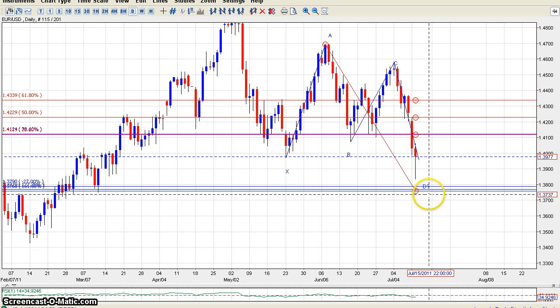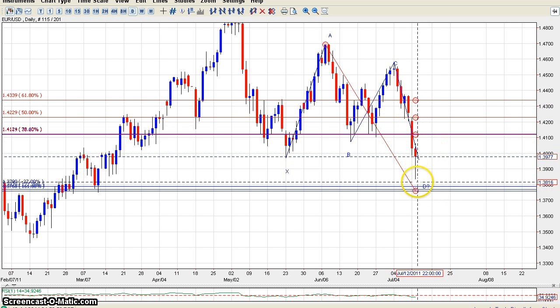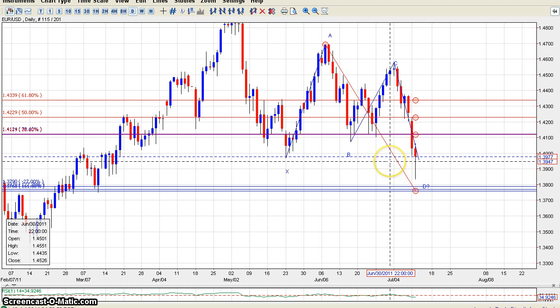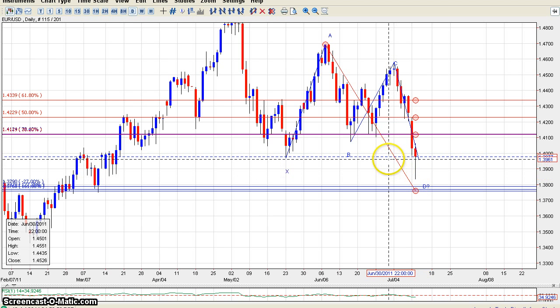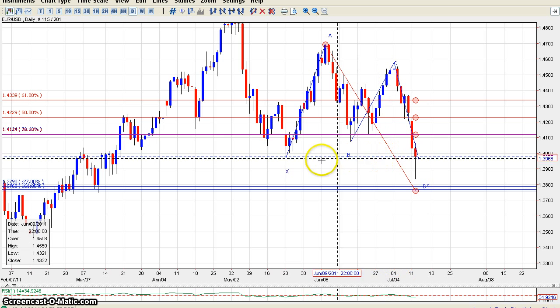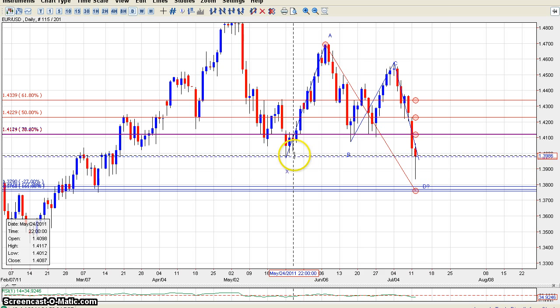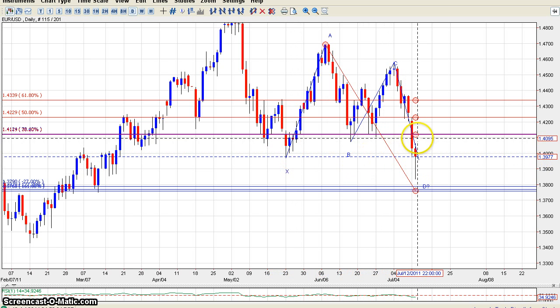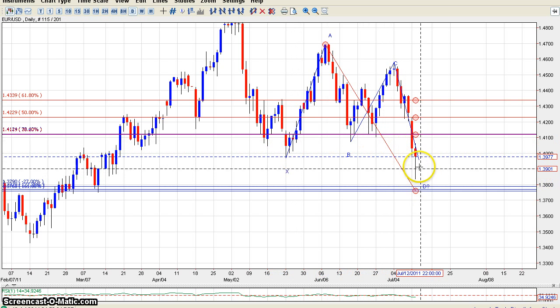So ideally I'll be using this to manage my trade, but obviously I'll take my stop to break even once price reaches this point here, the next support zone or resistance. And if price closes below that and reaches this point, then I want to trail my stop.